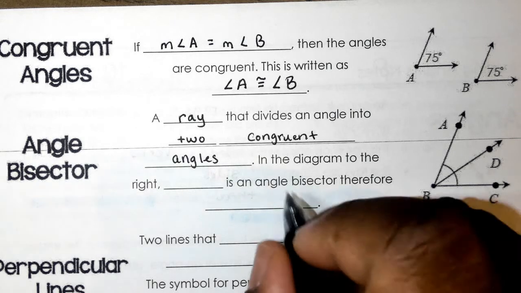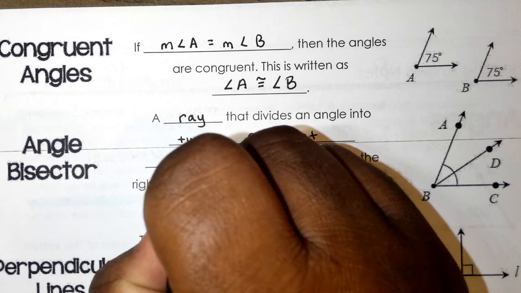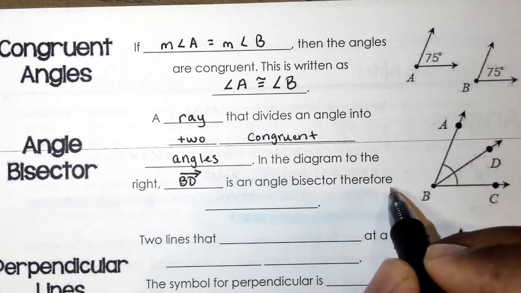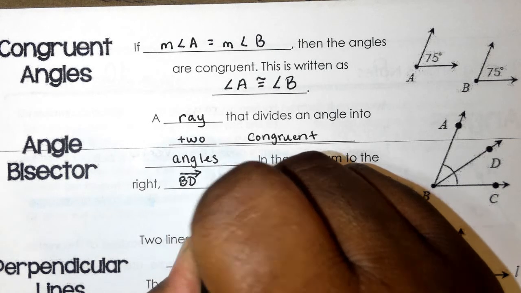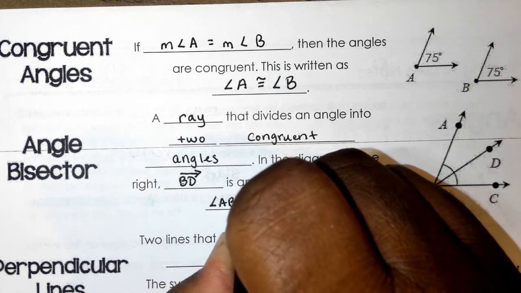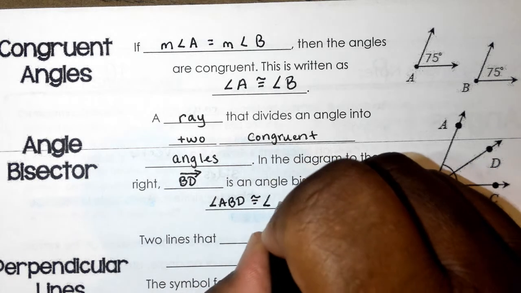It says in the diagram to the right, ray BD is an angle bisector. Therefore, the two smaller angles, which will be angle ABD, is congruent to angle CBD.